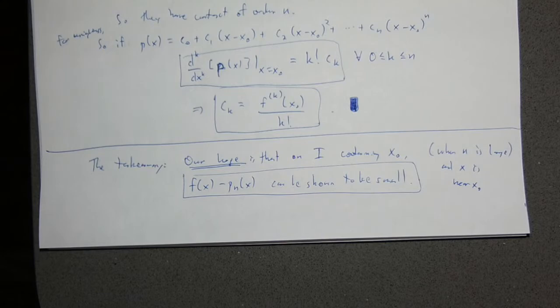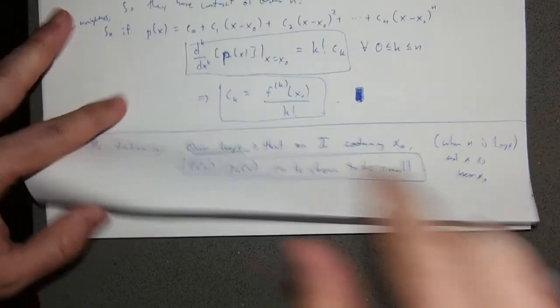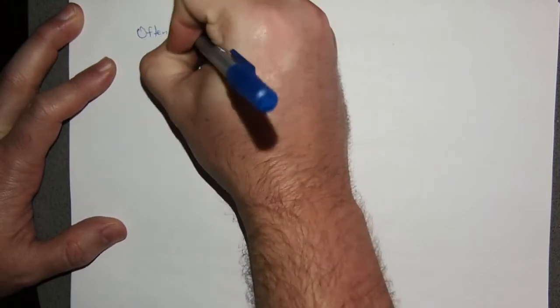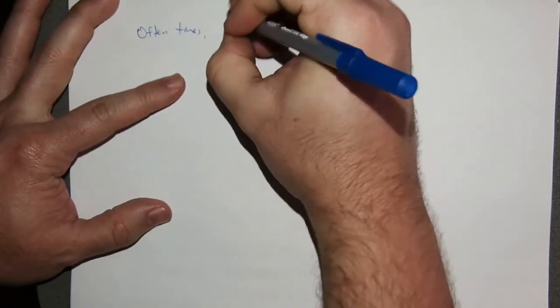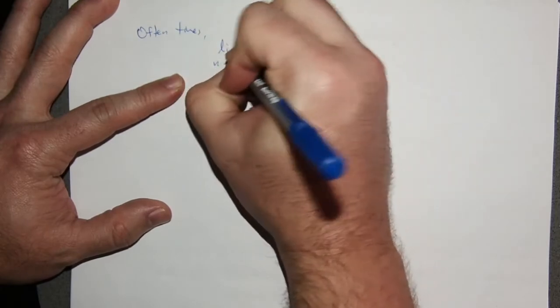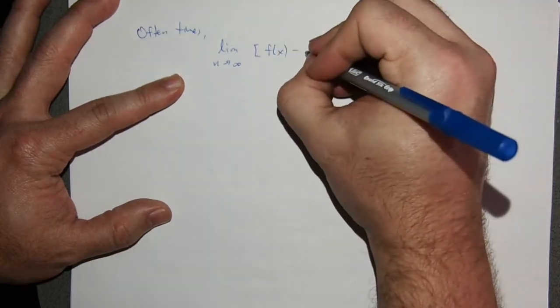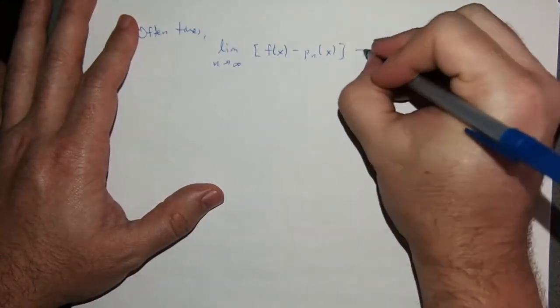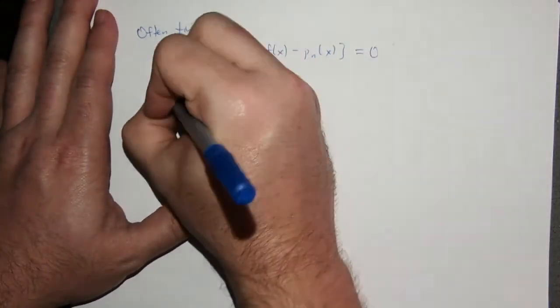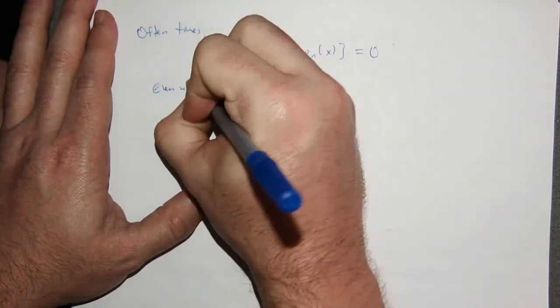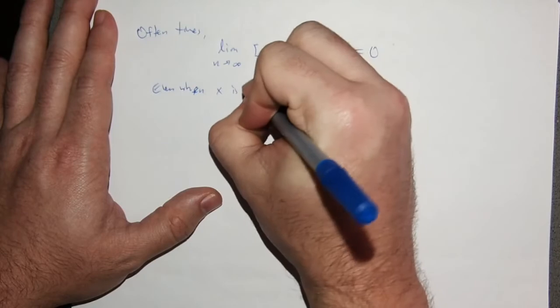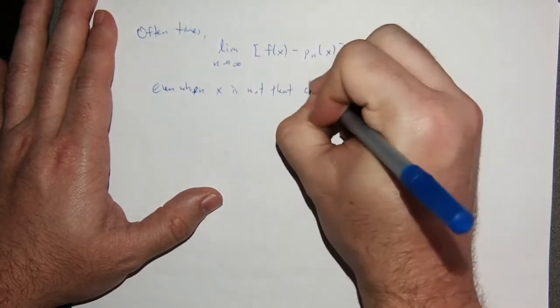So frequently we're going to be very happy, okay? So in fact, I need a little bit more room here. So oftentimes, this limit, the limit as n goes to infinity of this difference between functional value and value of its nth Taylor polynomial at x, oftentimes this is equal to 0 even when x is not that close to x naught.